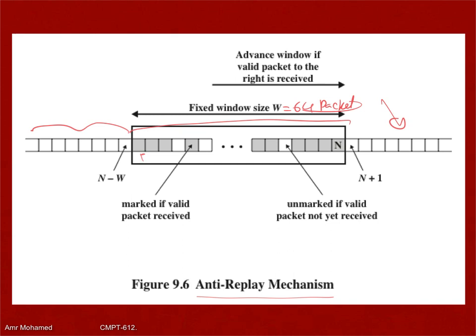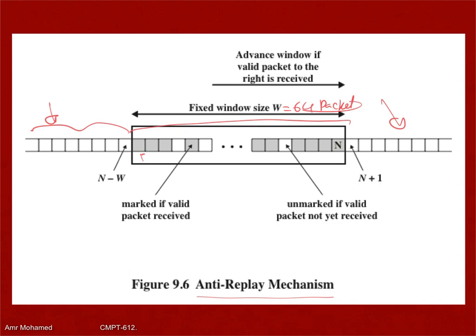So if we have this window and then we receive a packet here, this is clearly a replay attack. So we have to reject in that case. Of course we have to reject, and there is also logic here. Just the fact that we reject doesn't mean that's all.